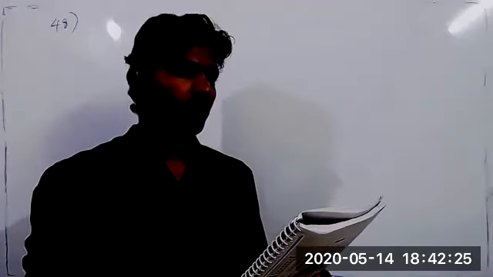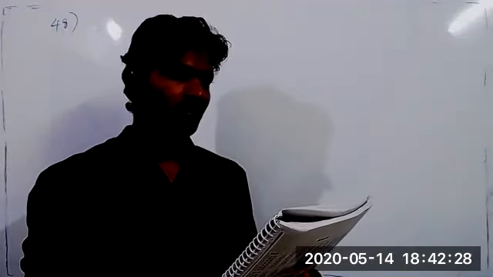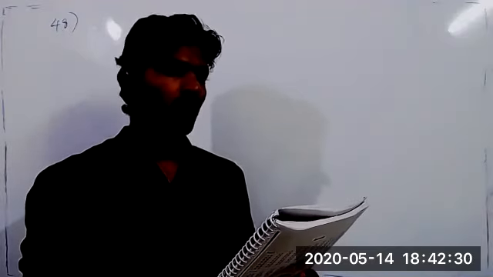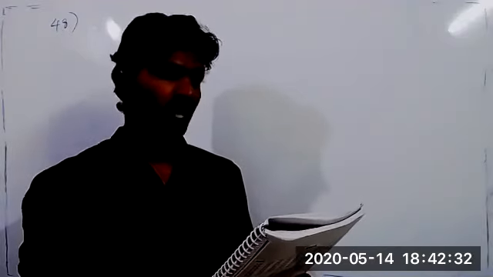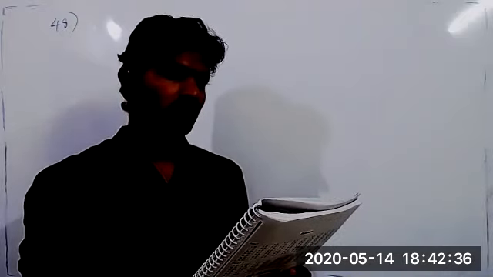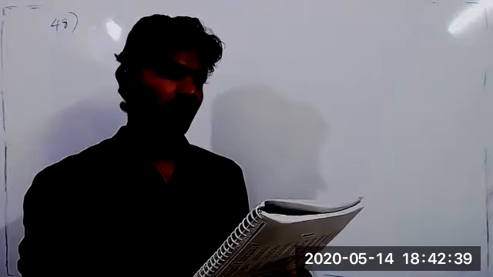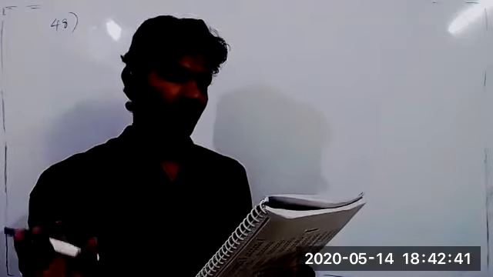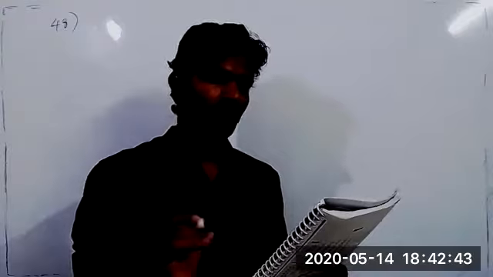A 5.25% solution of a substance is isotonic with a 1.5% solution of urea in the same solvent. If the density of both the solutions is assumed to be equal to 1 gram per cc, the molar mass of the substance will be? See here, first, a 5.25% solution is given.